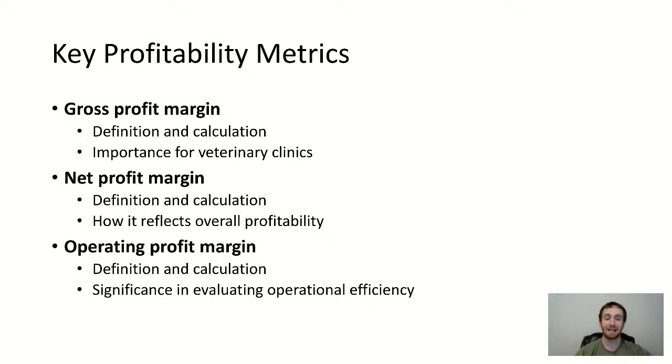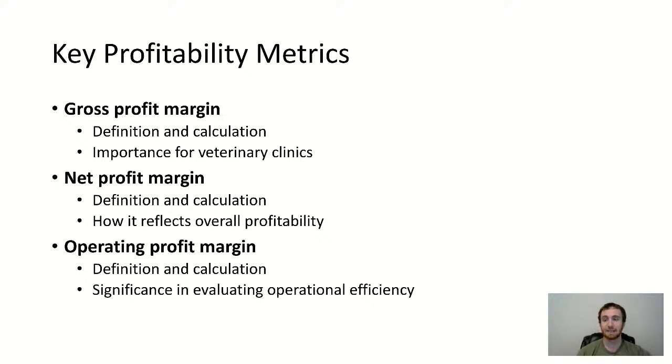Then you would take that and divide by total revenue of 1,000. You're going to get a 10% net profit margin. This metric is crucial as it reflects the clinic's overall financial health. A typical veterinary clinic is going to run around 10 to 12%, and an elite clinic is around 18 to 20%.